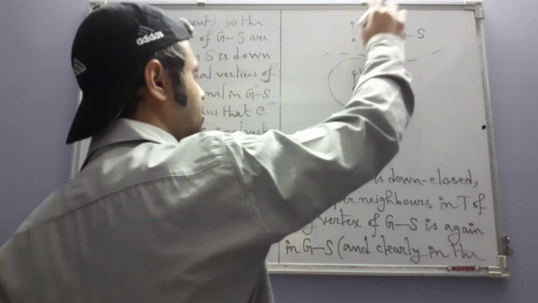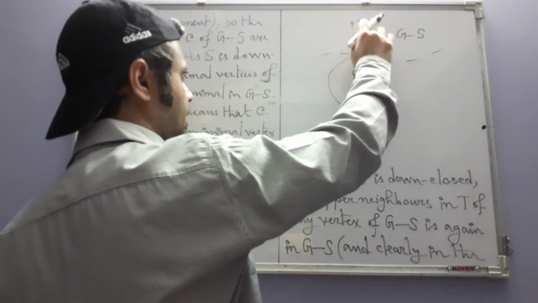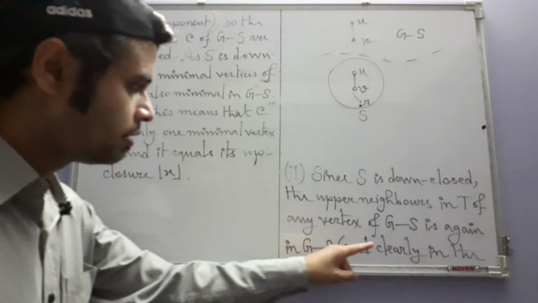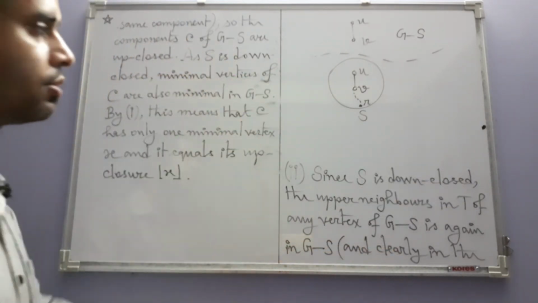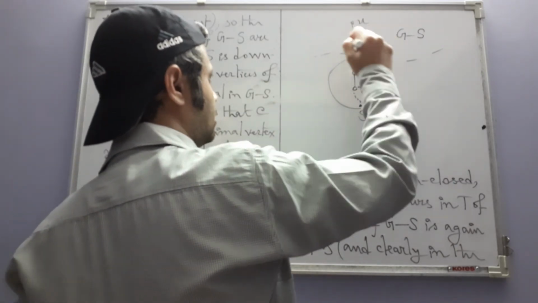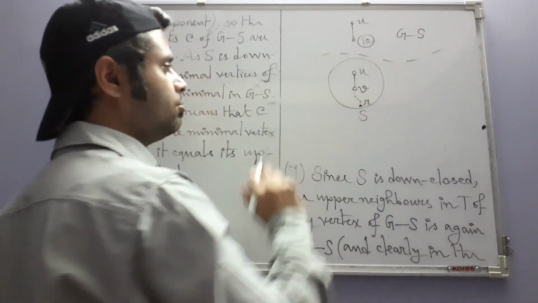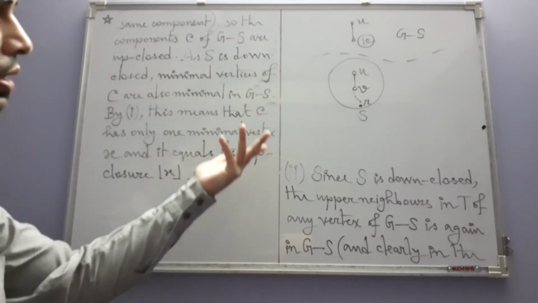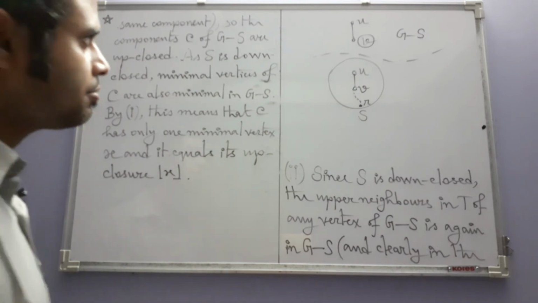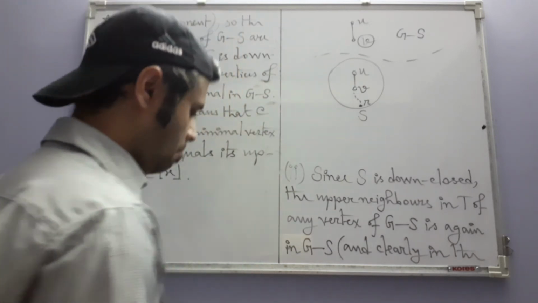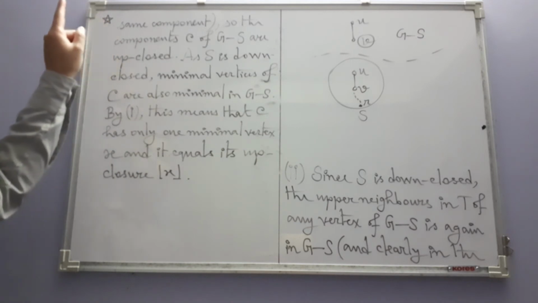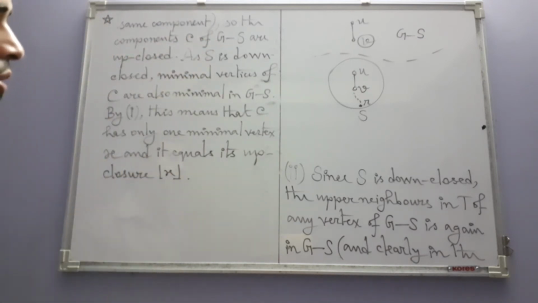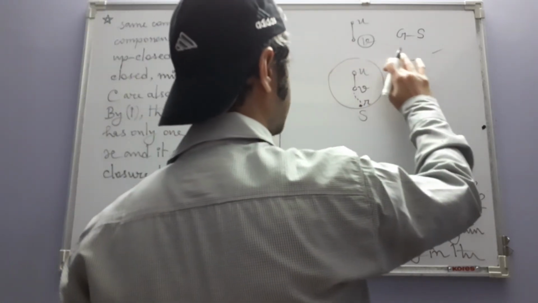So all such upper neighbors of any vertex in G minus S are also in G minus S, and clearly in the same component, of course, because it is linked to V through a path of length 1, so it must belong to the component in which V is lying. So the components C of G minus S are up closed. Now you may have many things like this.